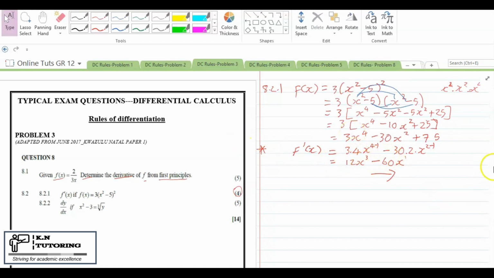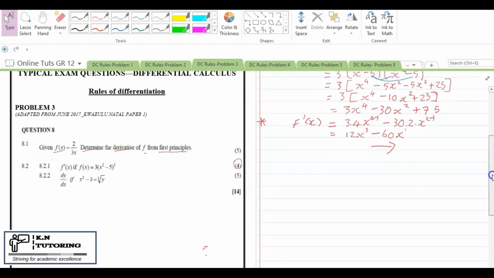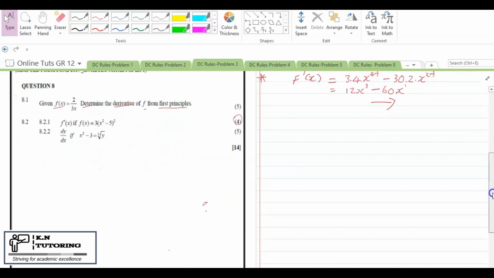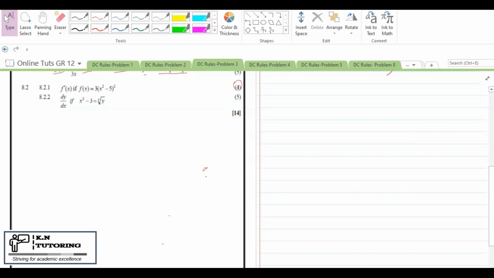Now let's move to 8.2.2. We are given x squared minus 3 is equal to the cube root of y.